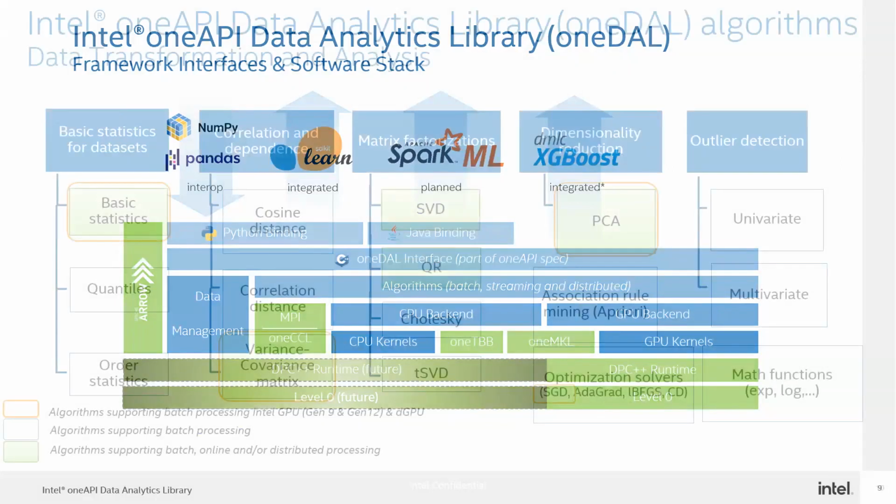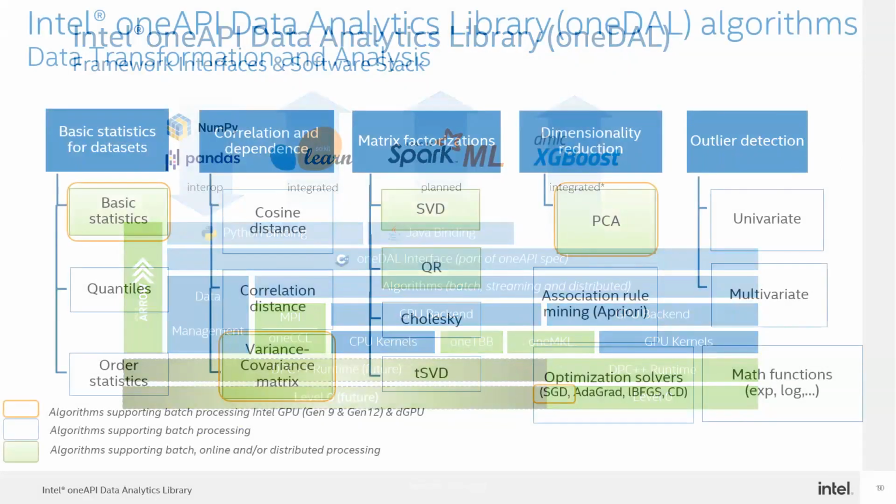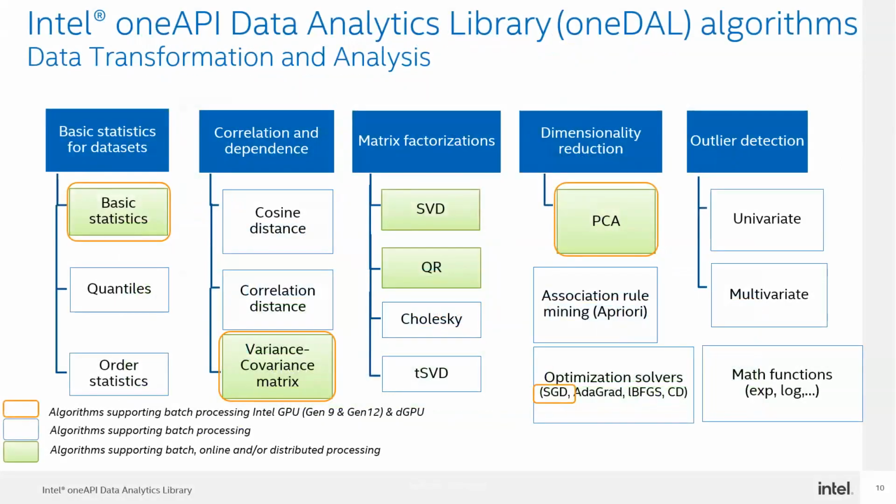So here are the algorithms for data transformation and analysis that you have in the library. As you can see, all of them are working on batch, and some of them are specially optimized for distributed processing, and a few of them are also optimized for Intel GPUs.